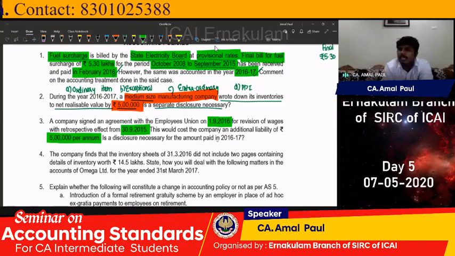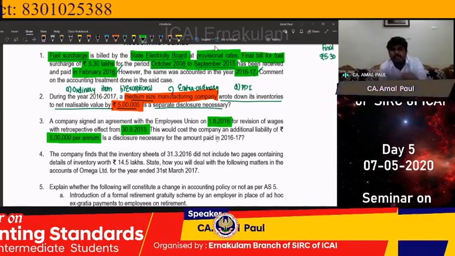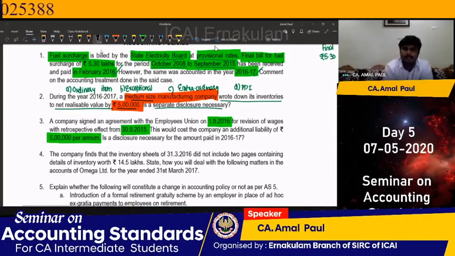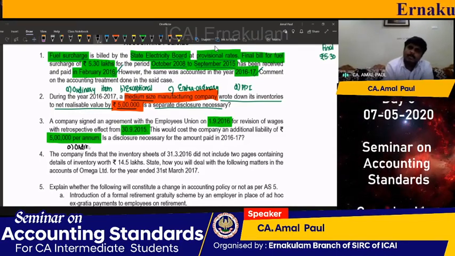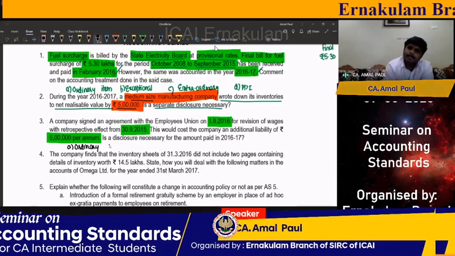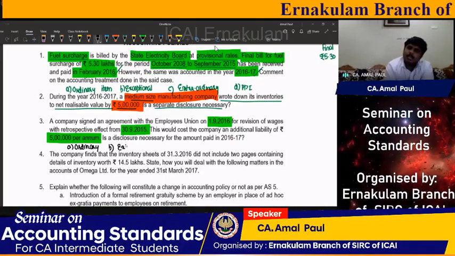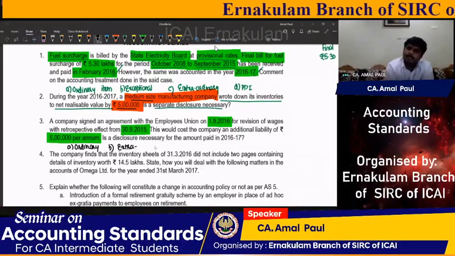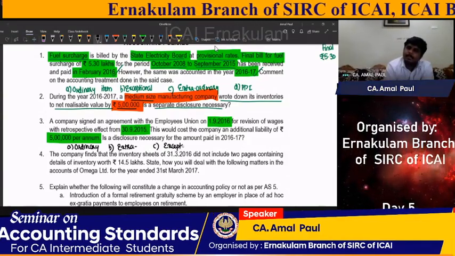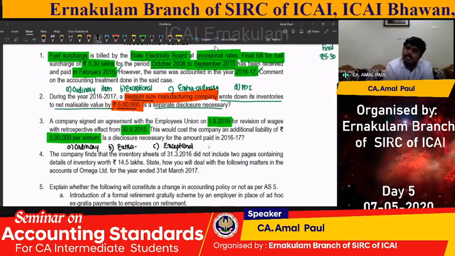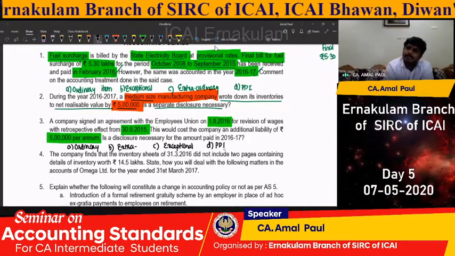Is a disclosure necessary for the amount paid in 2016-17? A, whether it is an ordinary item. B, whether it is an extraordinary item. C, whether it is an exceptional item. D, whether it is a prior period item.